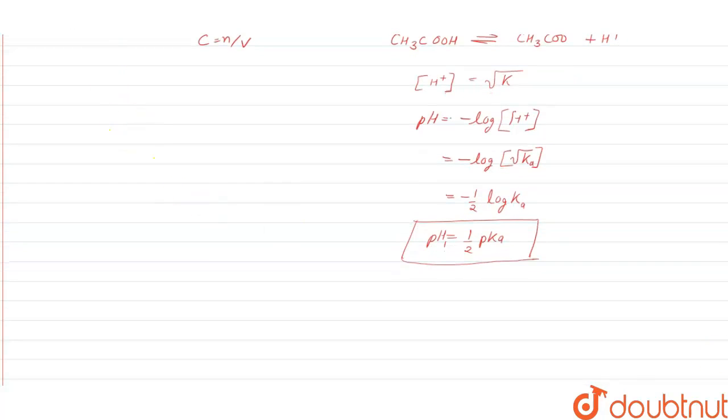Now let's see the second case, in which a buffer solution is given. In the second case we are preparing a buffer solution which is acidic in nature. So we can use the formula for a buffer solution, where pH is equal to pKa plus log of the concentration of salt divided by the concentration of acid.